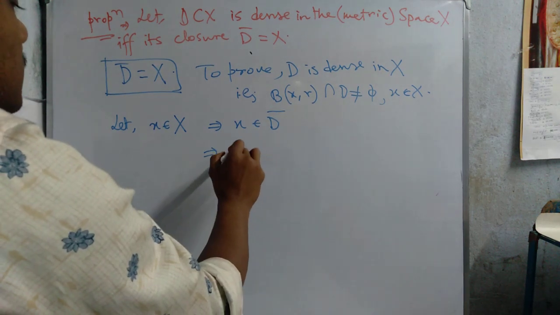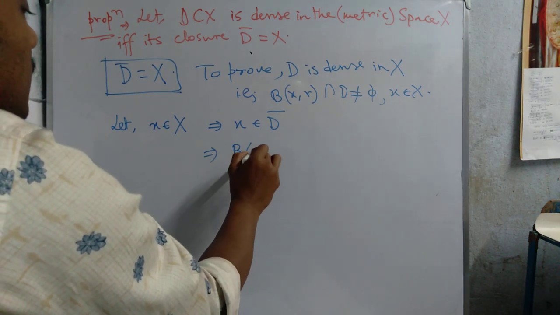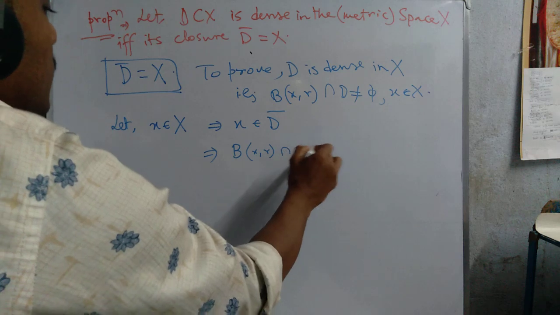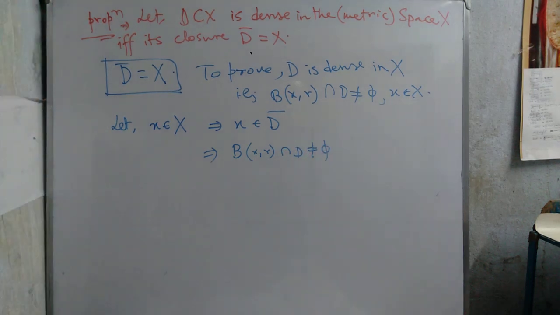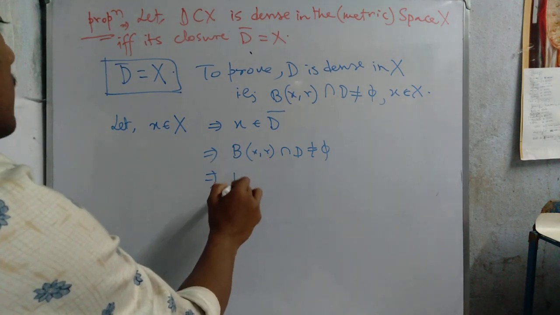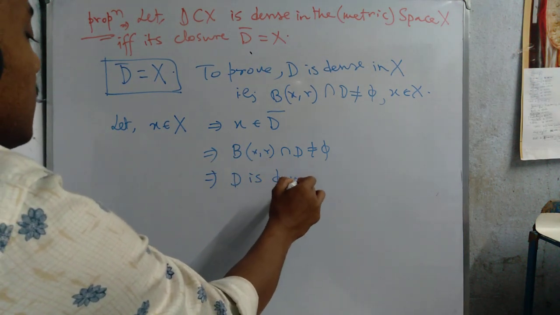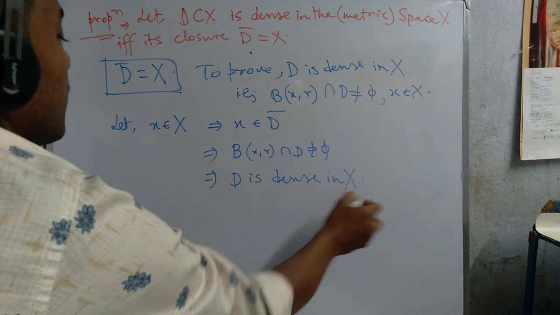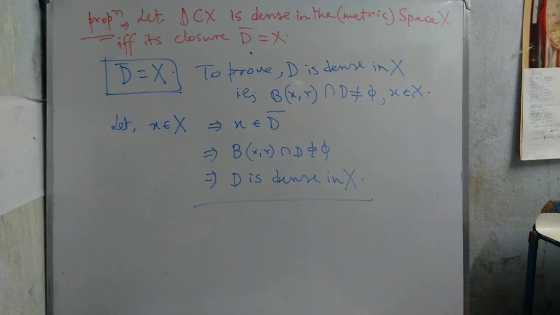This implies B(x, r) intersection D not equal to empty set, because if x belongs to D, or otherwise x belongs to D dash, it means this one. So this implies that D is dense in X. Understand or not? Easily understood.